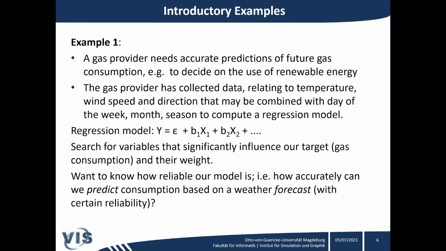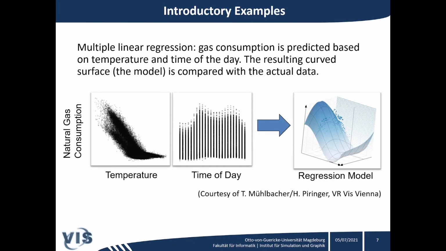We also want to know how reliable our model is, in terms of how accurately we can predict the gas consumption based on a weather forecast with a certain reliability. So instead of just using a single scalar value, we have a vector x1 to xp for every data point. We have n data points, just like before, each with p different predictor variables or features.